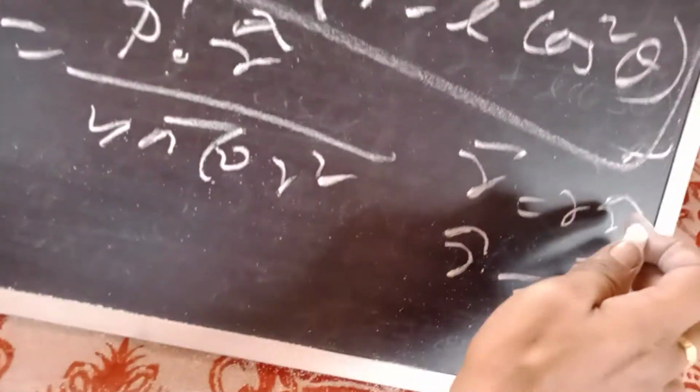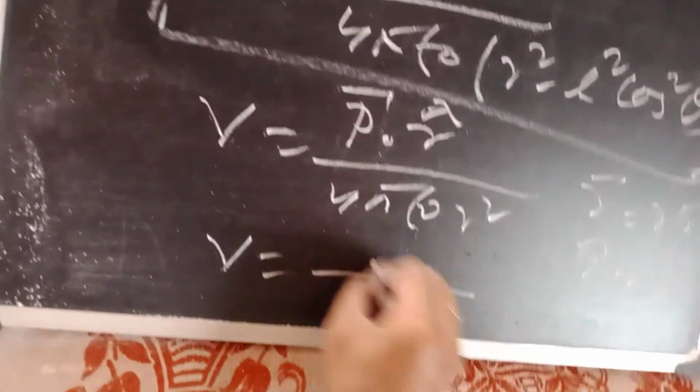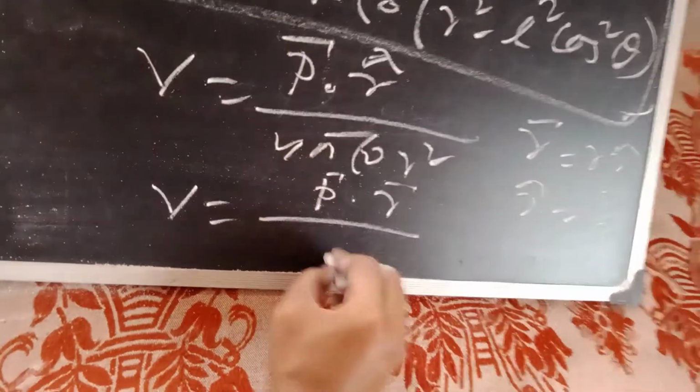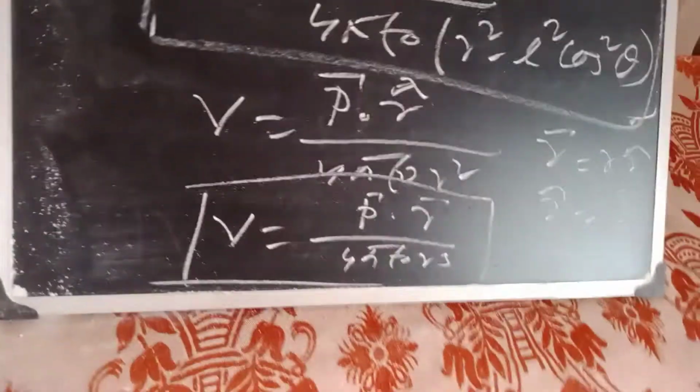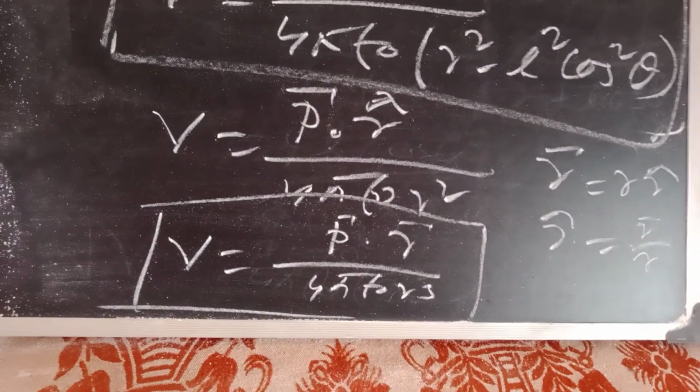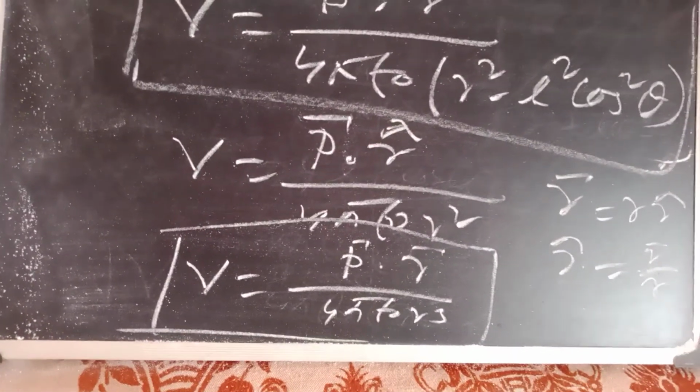So replacing r cap by vector r, we get V equals p dot r by 4 pi epsilon naught r cube. That is the potential due to the dipole at any point.